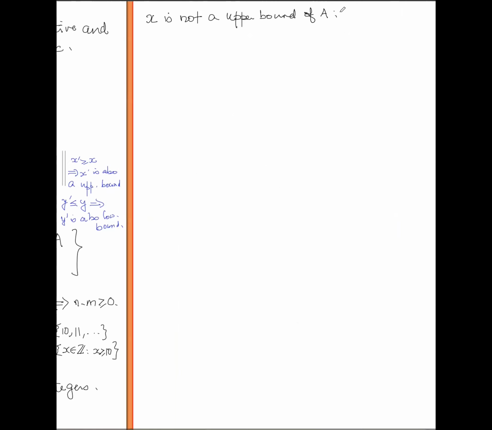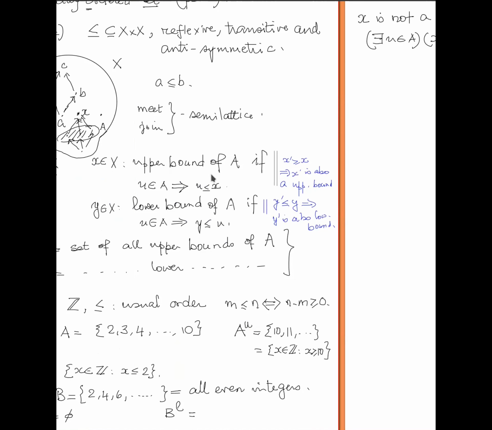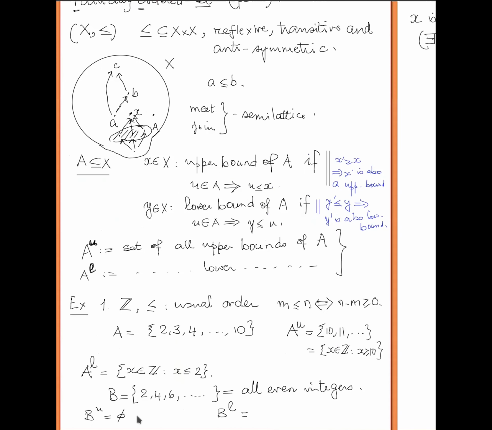This means that there exists some u in A which exceeds x. It's just the negation of this formula. So you will always be able to find some u which exceeds that, and that is exactly the principle which you use over here.